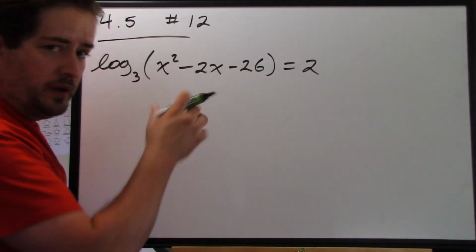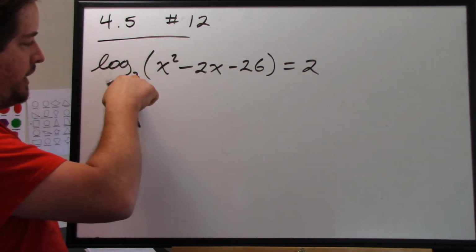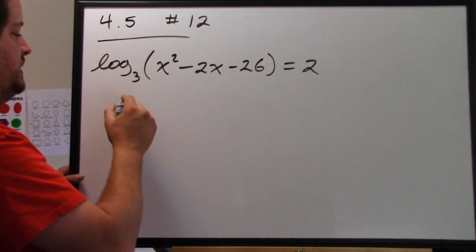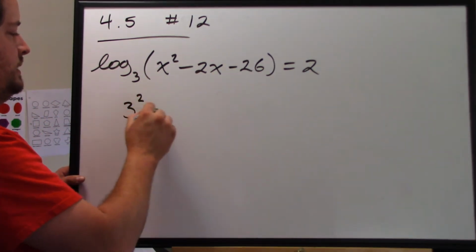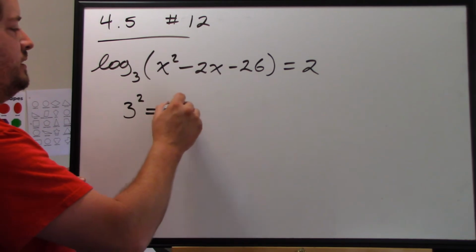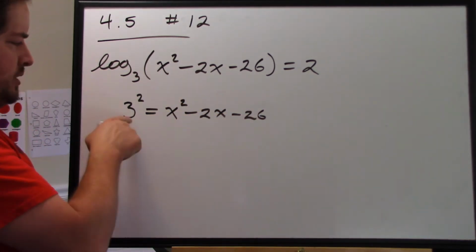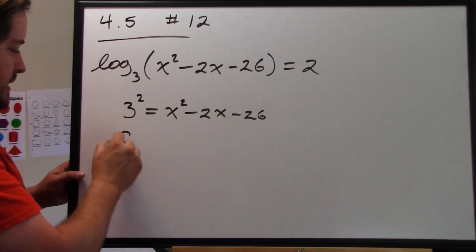Okay. So I need to break this out of the logarithm, so I'm going to rewrite it as an exponential with 3 as my base raised to the 2 equals this x squared minus 2x minus 26. 3 squared is 9. I should know that.